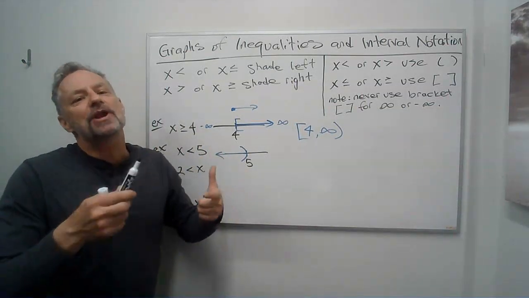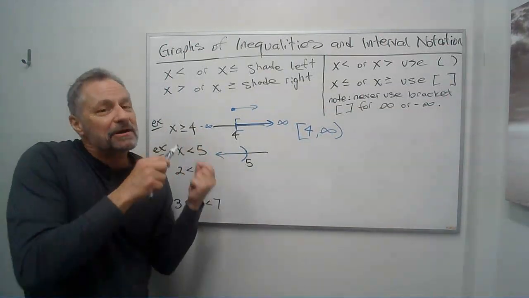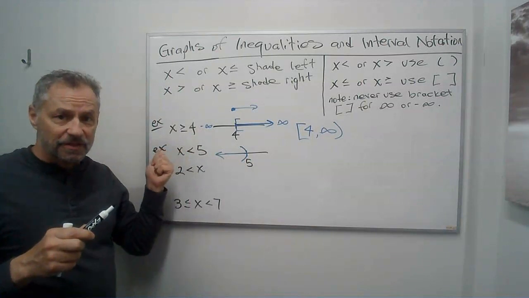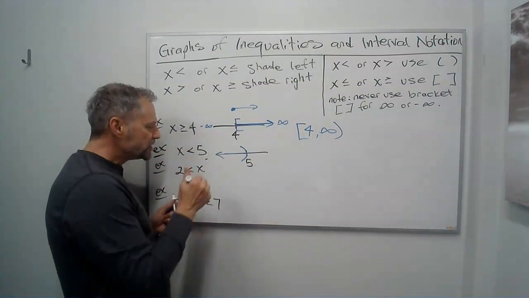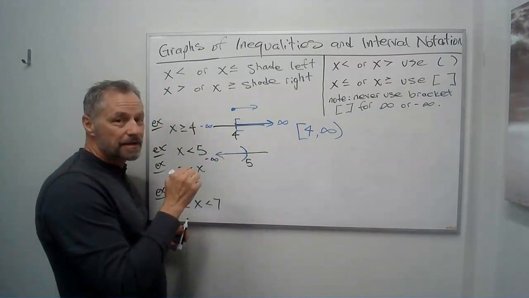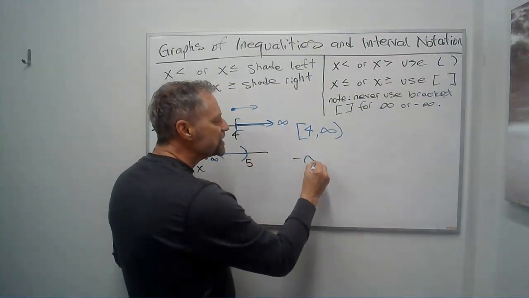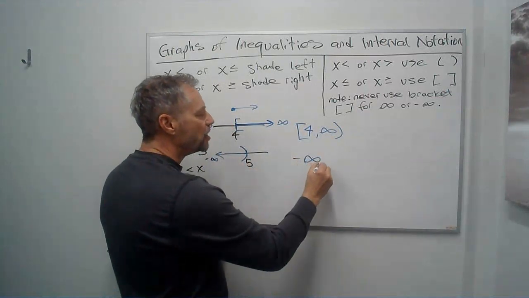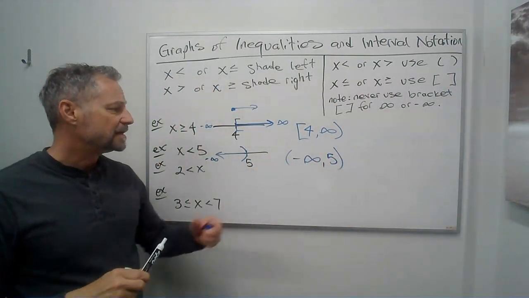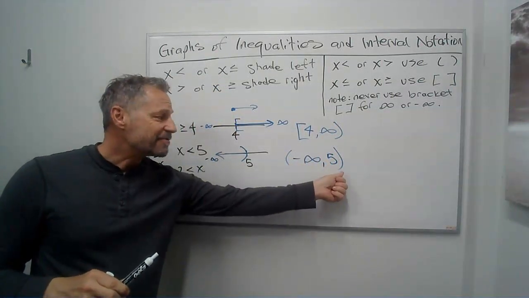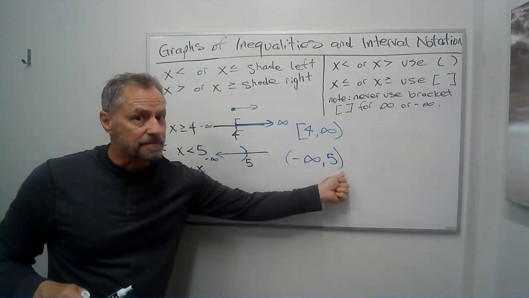Everything up to not quite including 5, which is barely less than 5, and then forever to the left. Remember, this is negative infinity is where it's going towards over here. It doesn't get there, so interval notation, we go negative infinity, comma 5, parentheses on both sides. That's going to be my answer. Never quite gets to 5, but gets really close.